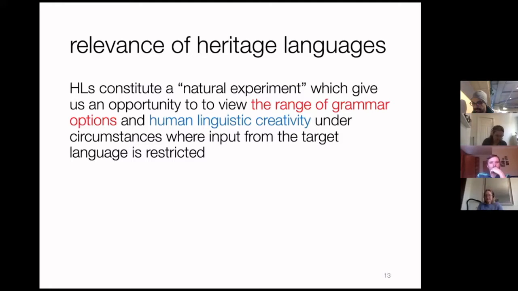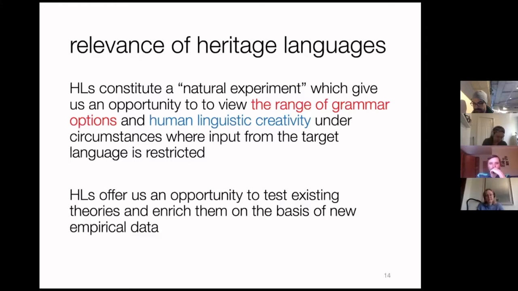So they have a relatively restricted input, and we want to see what options in natural language design survive and which ones actually become stronger and which ones are more recessive. So that in turn allows us to test existing theories, and then once we know what works and what doesn't work in existing theories, we can feed back to theoretical linguistics on the basis of new empirical data, and that's what makes these languages so attractive.